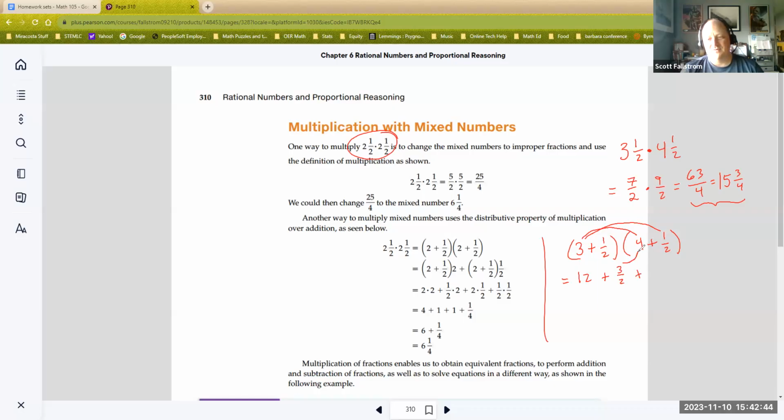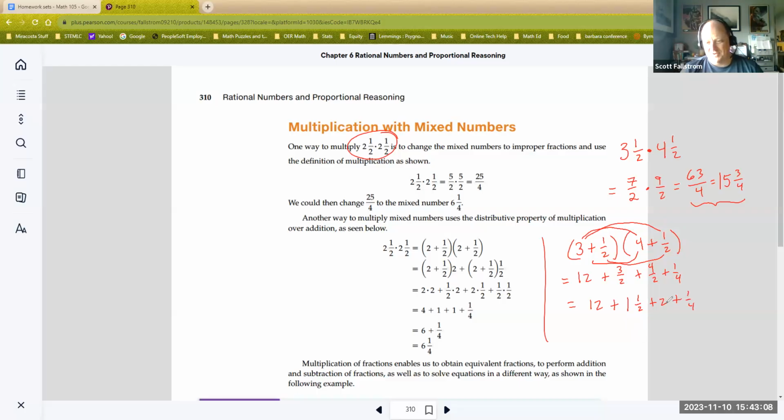The next one, 4 times 1/2, I'll just put it as 4 halves. And then the last one is 1/2 times 1/2, which would be 1/4. So end result here would be 12 plus 1/2 plus 2 plus 1/4.